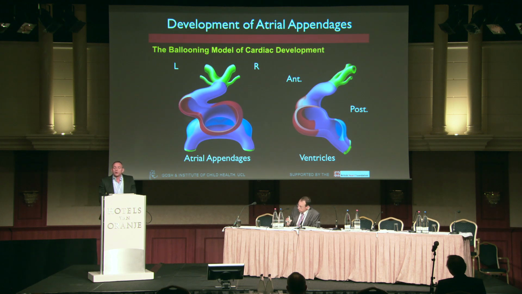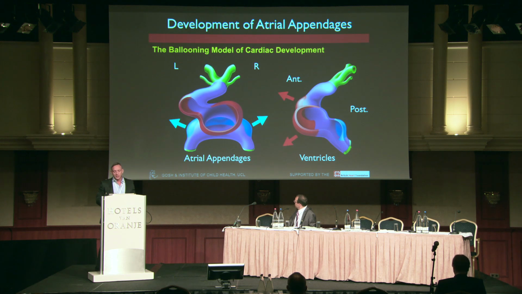The importance of that is that the appendages, as you can see on the left-hand side, balloon out to the right and the left side of the embryo, and are therefore under the influence of any factors which determine laterality within the embryo.